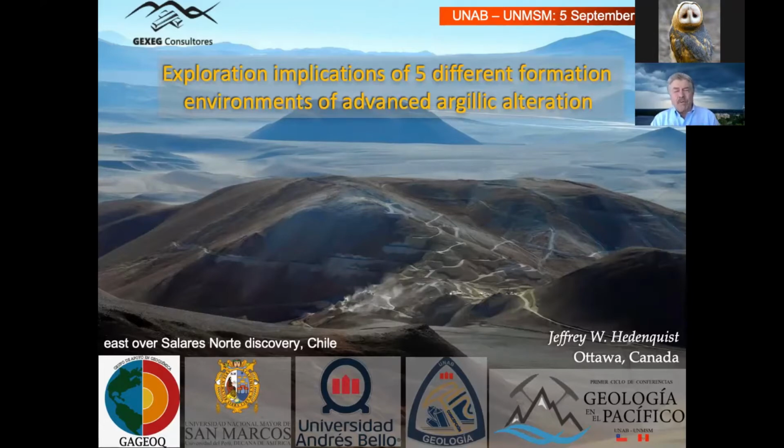And it's important for us to understand these differences so that we can appropriately interpret the alteration mineralogy. So I'm going to discuss these details as we go along and use examples from ore deposits, mainly ore deposits in Chile and Peru that I have particularly worked on.